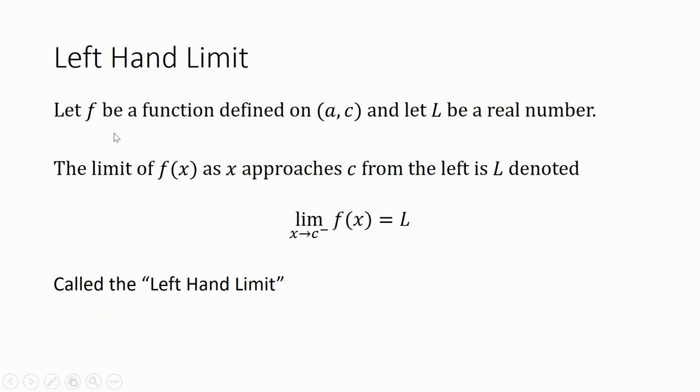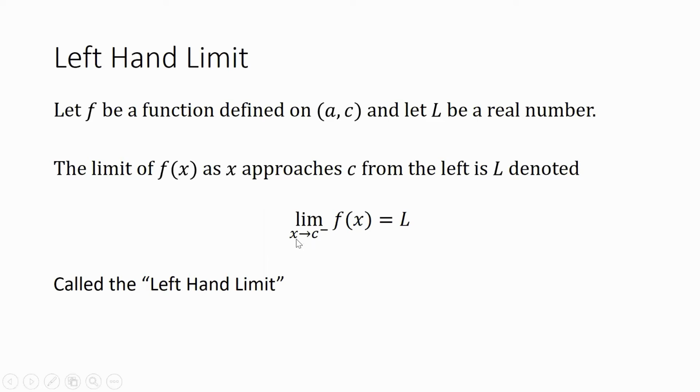The left-hand limit is basically saying we have a function f defined on an interval, and we let L be a real number. The limit of f of x as x approaches c from the left is L is denoted this way.